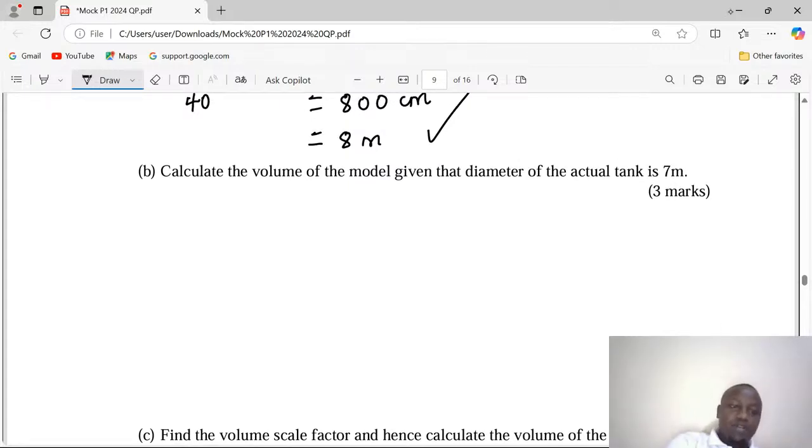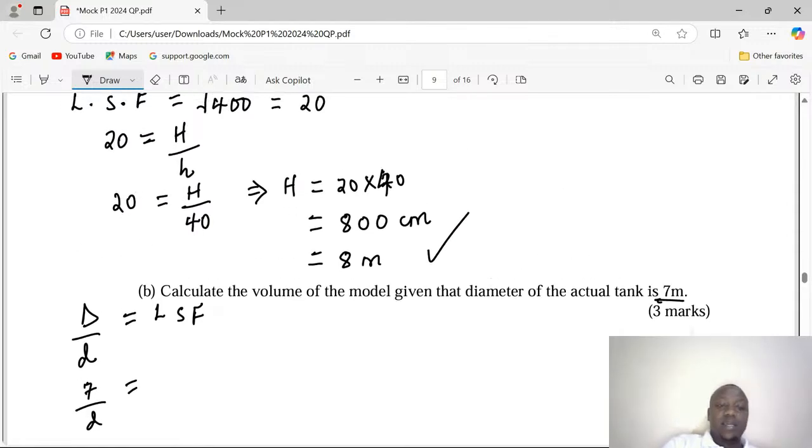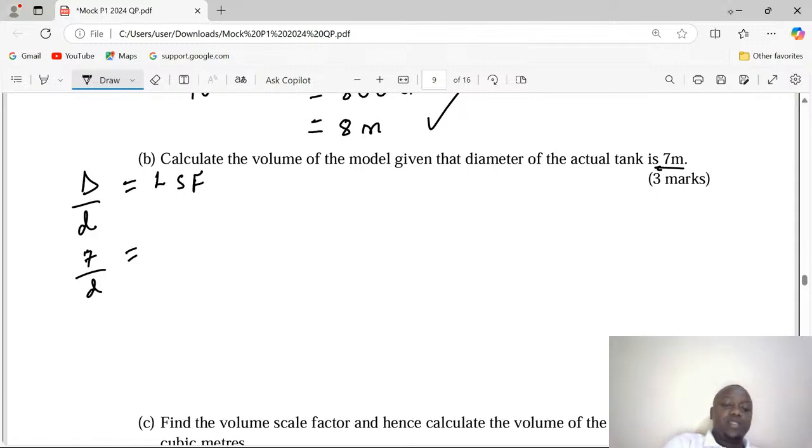The diameter of the actual tank divided by the smaller diameter should give us the linear scale factor, because diameters are linear measurements. So the diameter of the actual tank being 7, the diameter of the smaller is unknown. This is supposed to give us the linear scale factor of 20. So small d is going to be 7 over 20.